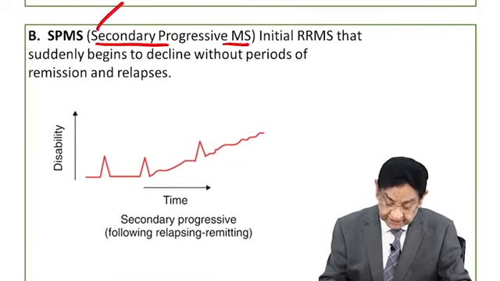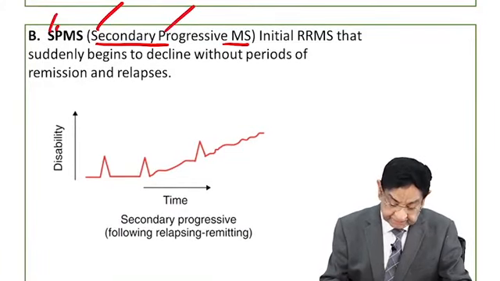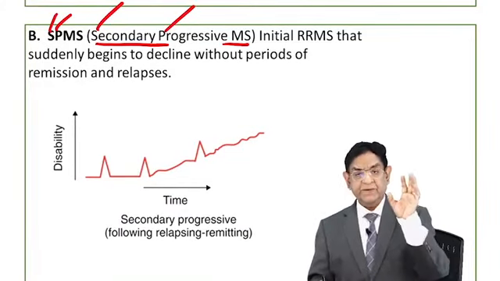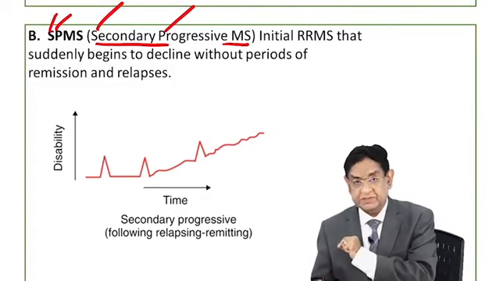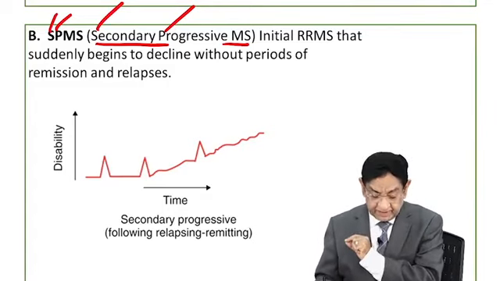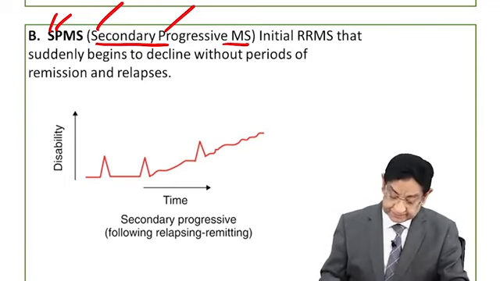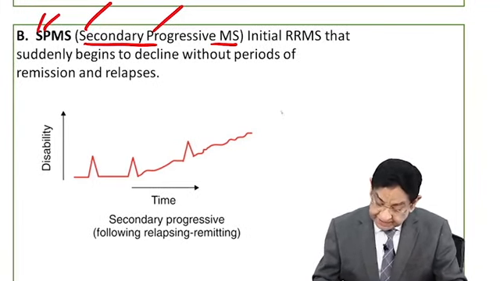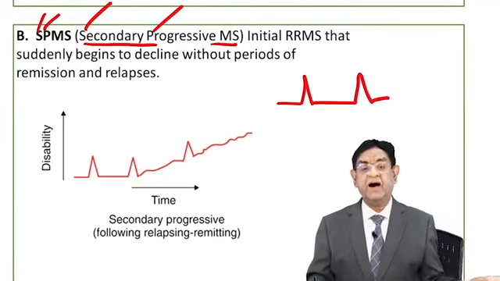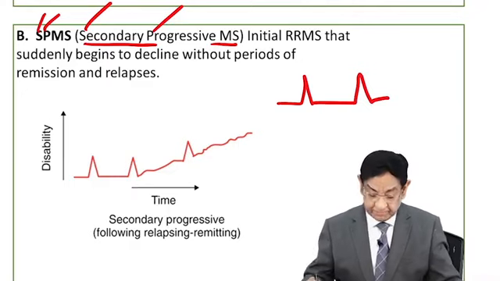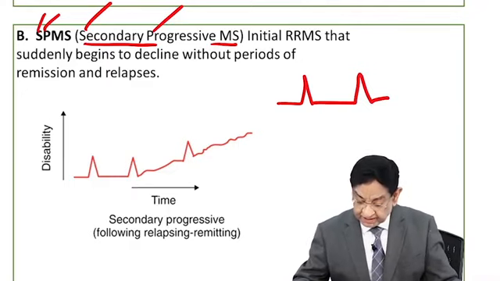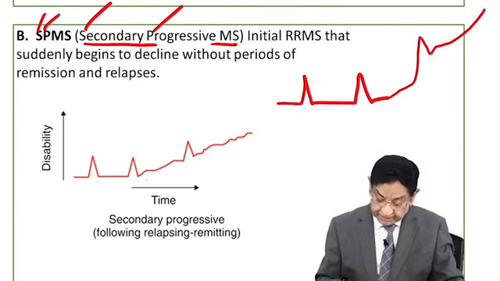The second type is secondary progressive MS. S for secondary progressive, SPMS. The previous one was RRMS, relapse remitting. Here we have secondary progressive. Let us see what that is. Initially, the patient has RRMS, the previous one. But after some time, it starts progressing.